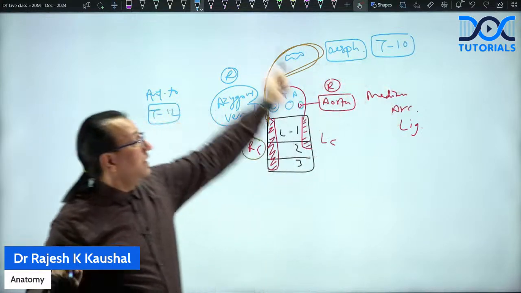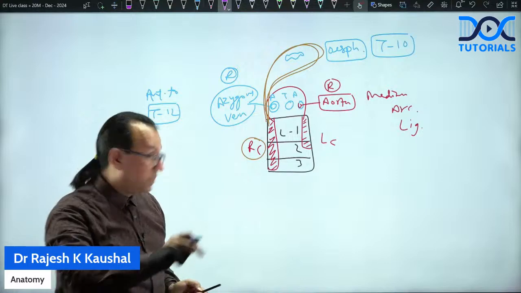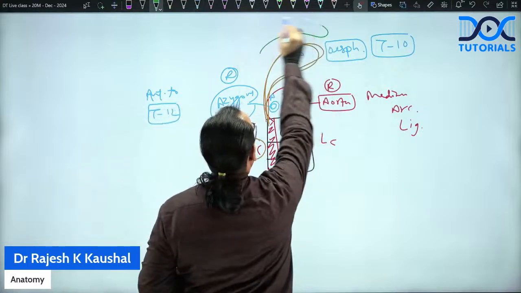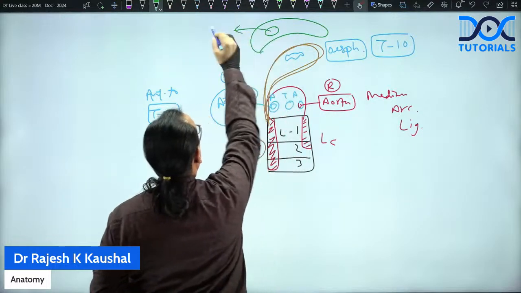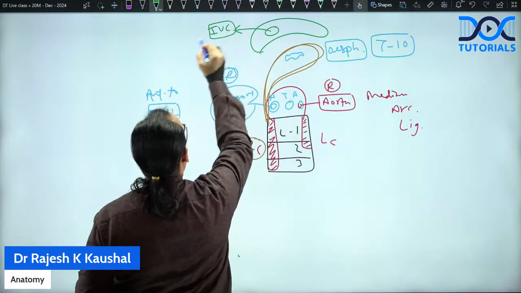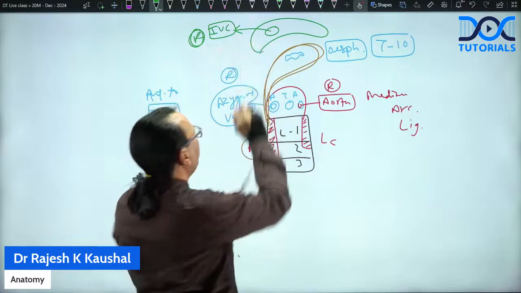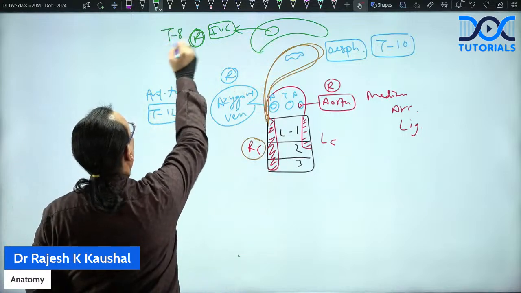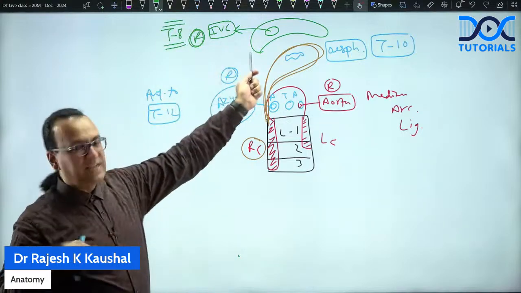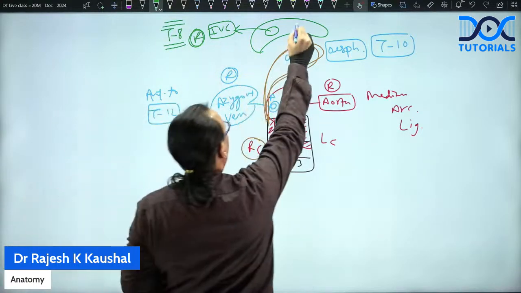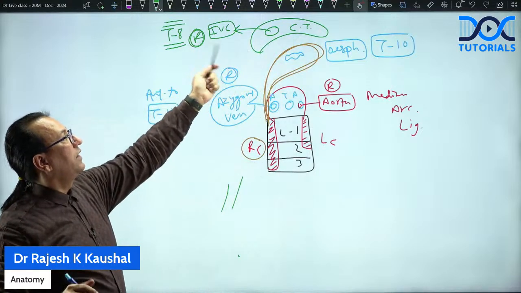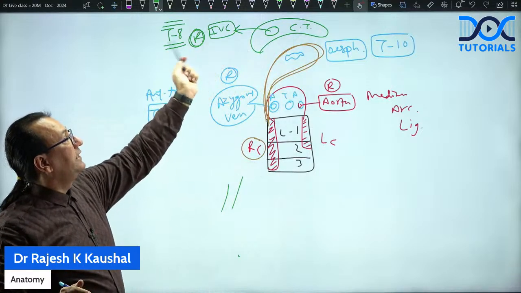And still higher if you go, you'll find there is a central tendon of diaphragm, and in the central tendon of diaphragm will be the inferior vena cava. As I told you, inferior vena cava will be more to the right side because veins are more to the right side, and this will be T8 vertebra, the highest. Towards the right side, you will have the inferior vena cava opening, T8 vertebra.